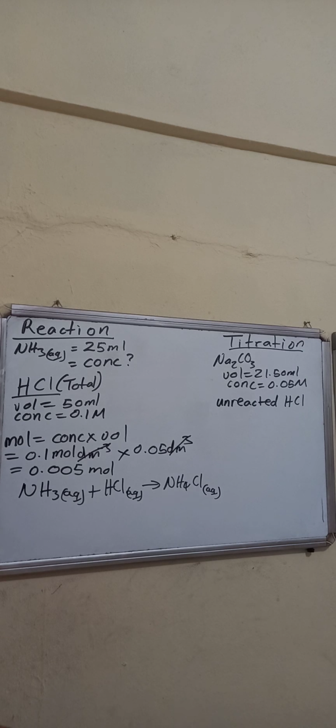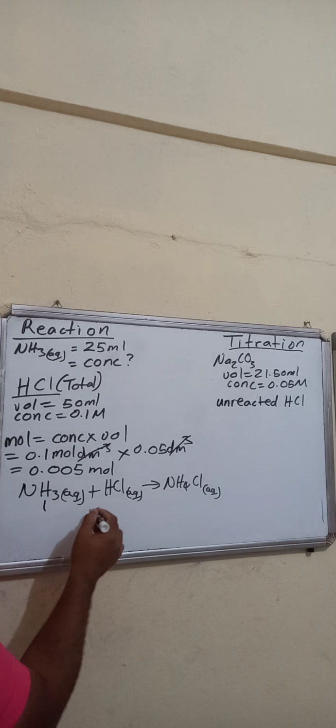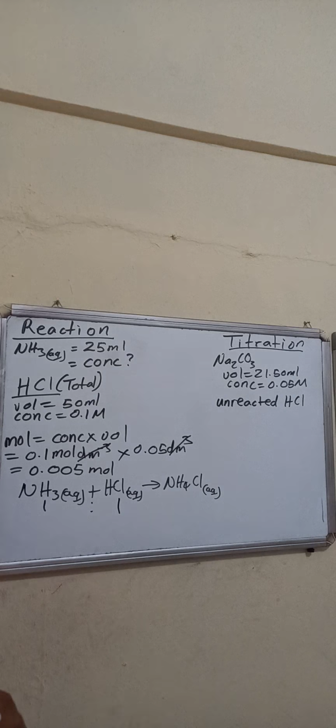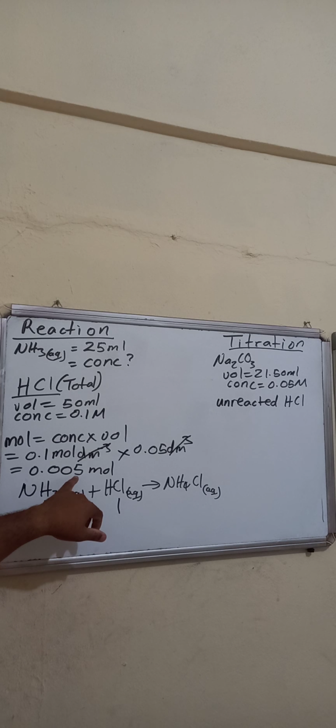Once you write the equation, we're interested in finding the moles of ammonia, and we're going to use the mole of HCl. So we need to use mole ratio. So the mole ratio is 1 to 1. Now remember, this mole of HCl is the total. So we cannot use this mole of HCl to find this mole of ammonia.